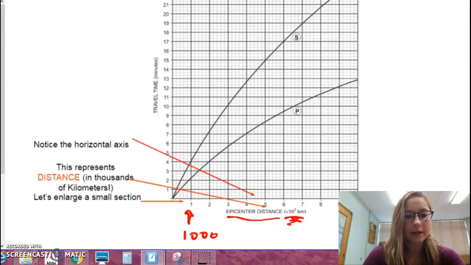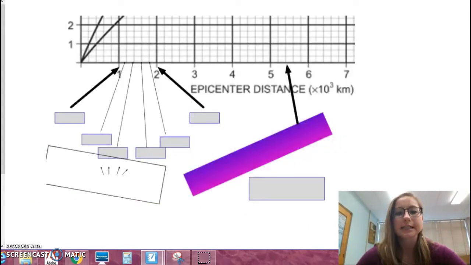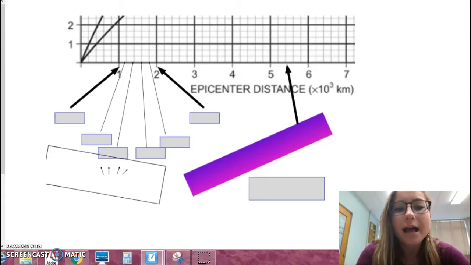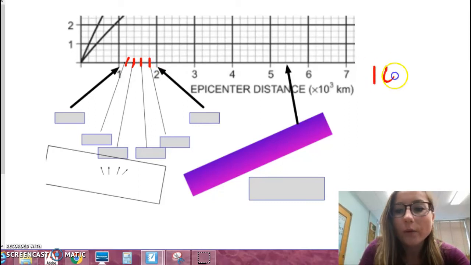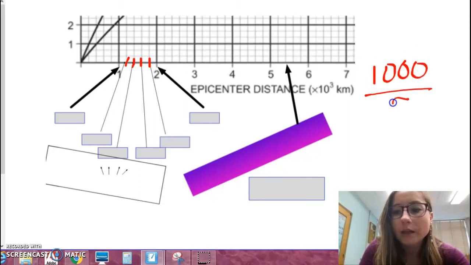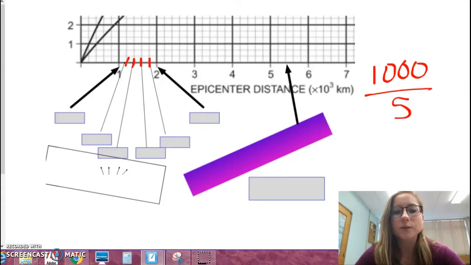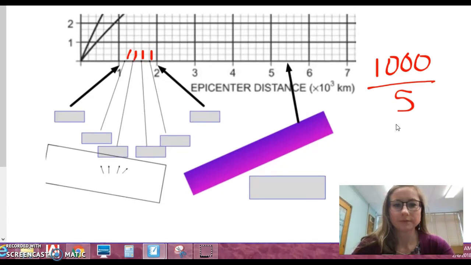Let's take a closer look at that horizontal axis. We see that between 1,000 and 2,000 kilometers, we have 5 little segments where it's broken up. So if we took 1,000 and we broke that up into 5 different segments, what does each segment equal? You're correct. It is 200 each.